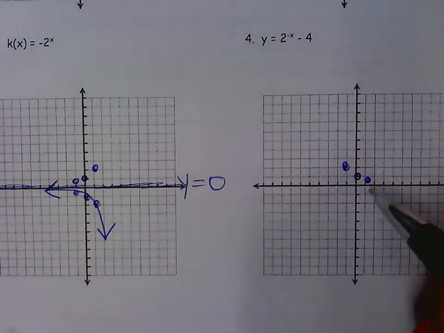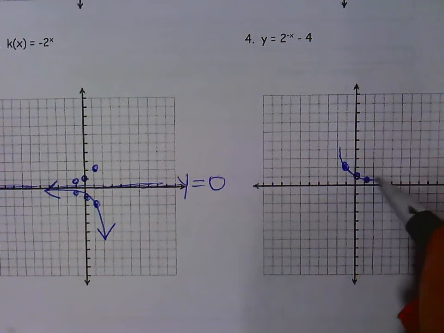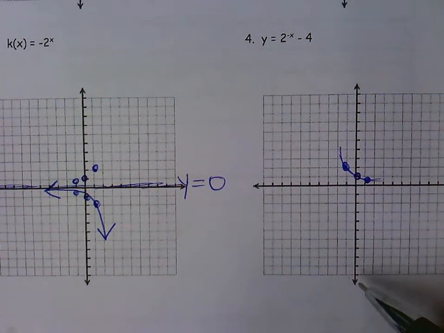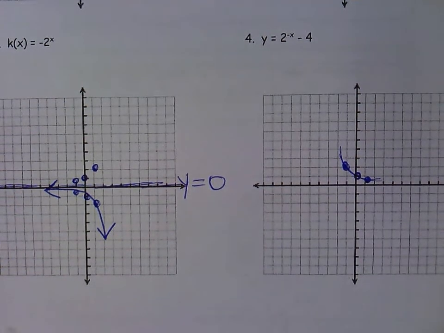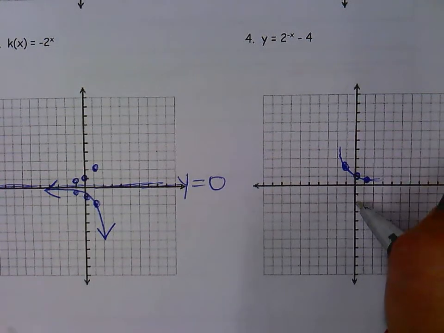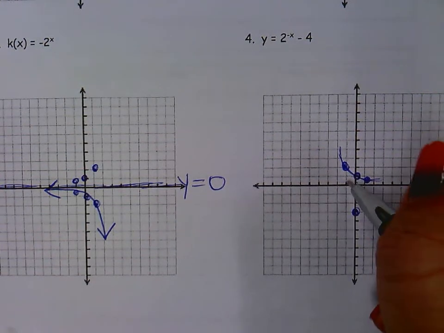So that would be my flipping it over. And then I'm going to shift it down 4. 1, 2, 3, 4. 1, 2, 3, 4.